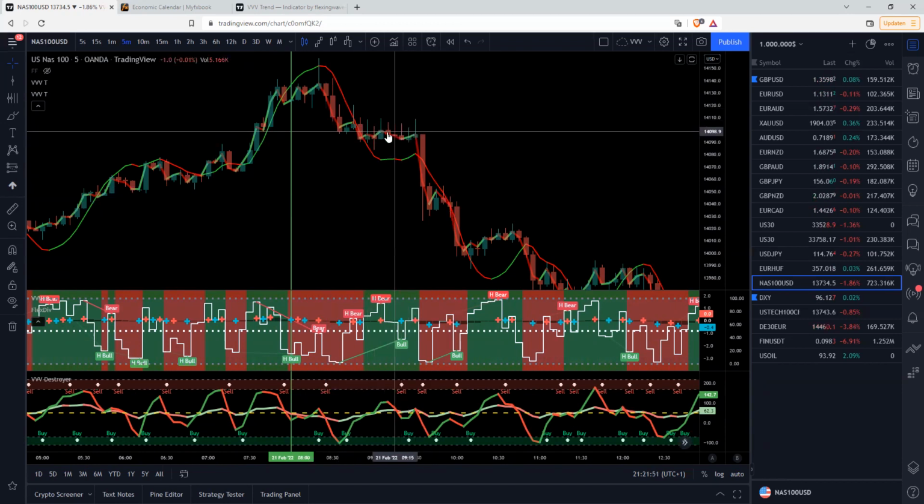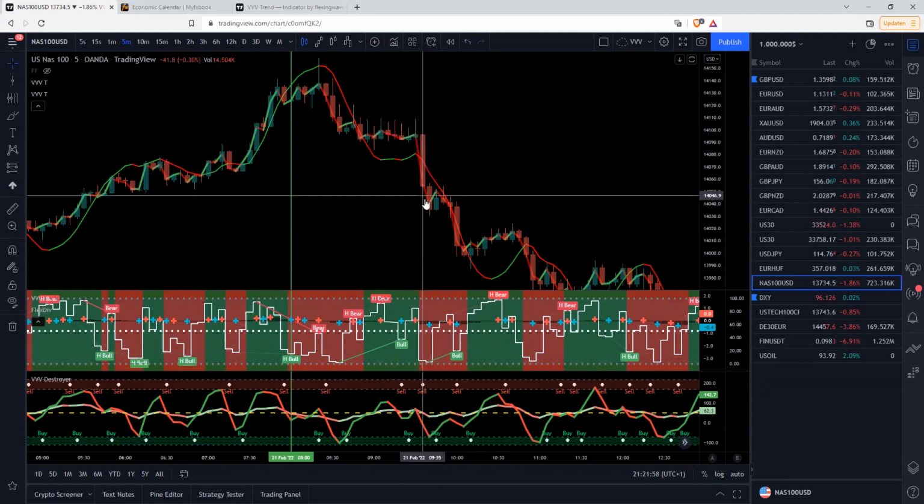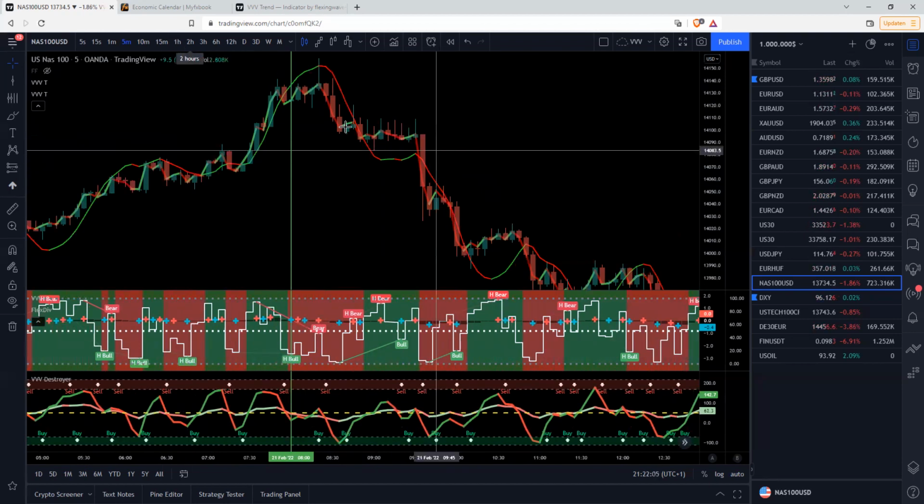Because for 1 hour actually nothing is happening, and then on 5 minutes comes a spike of 100 points, and you're still watching the 1 hour chart.